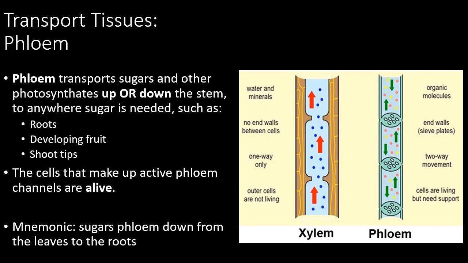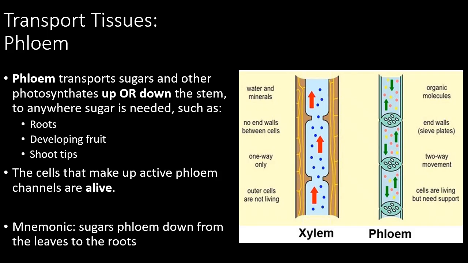If we think about the roots, they are underground and they typically cannot do photosynthesis because they're not exposed to light. So the roots have to receive sugar or food from the leaves in order to continue to live and grow. So the phloem transports sugars made in the leaves down through the stem, through the roots to those growing root tips to feed them and continue root growth.